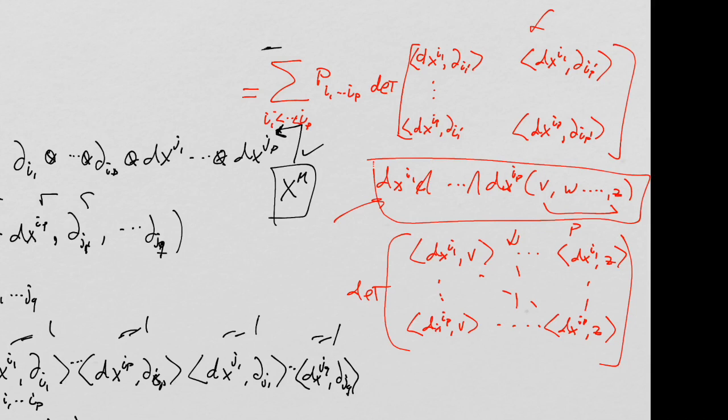The basic expression looks like this: P i1 prime through IP prime equals the sum over I1 less than through IP of P I1 to IP.